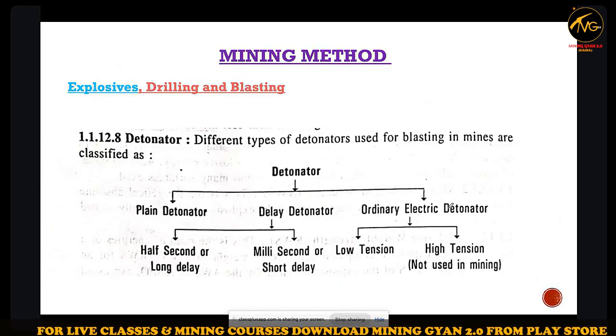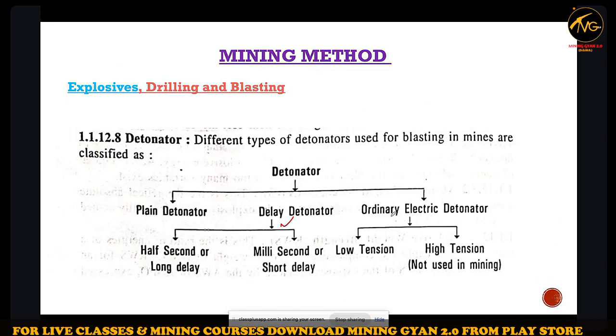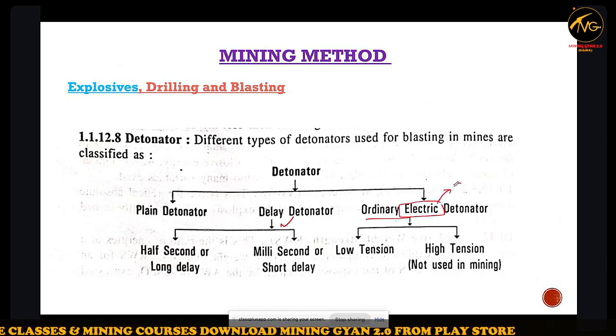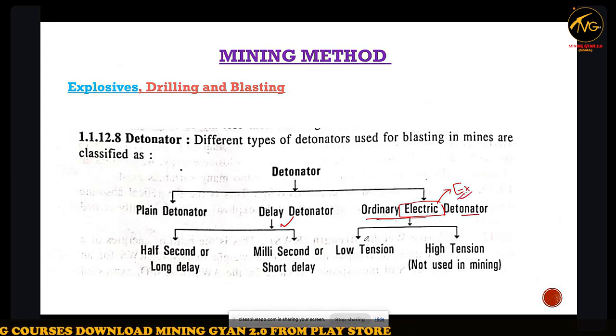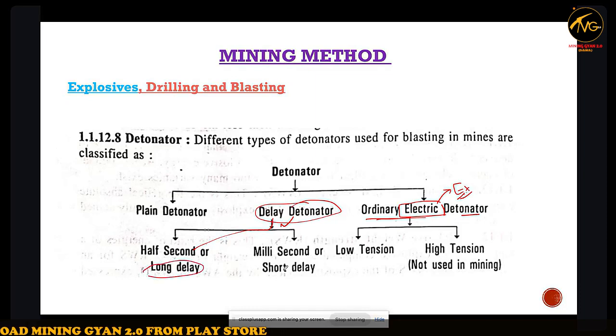So yesterday we also discussed detonators. Detonator is of three types: plain detonator, delay detonator, and ordinary electric detonator. Yesterday I was saying electrical, which was wrong. It is electric. Delay detonator is also of two types: half second long delay and short delay.